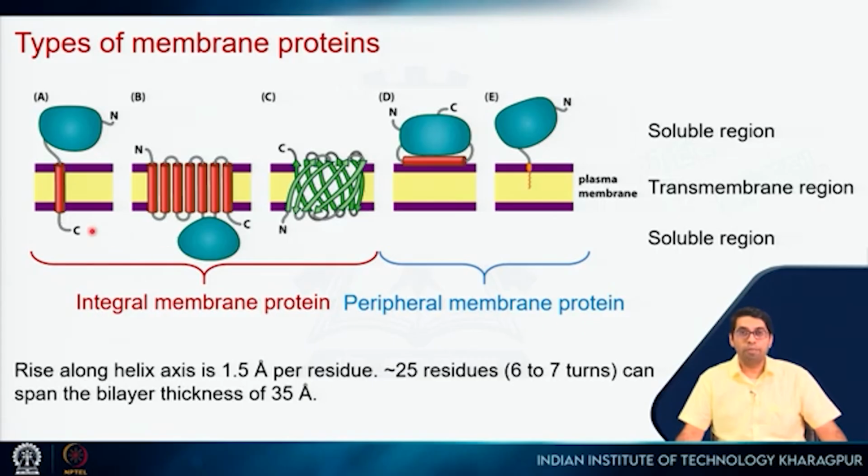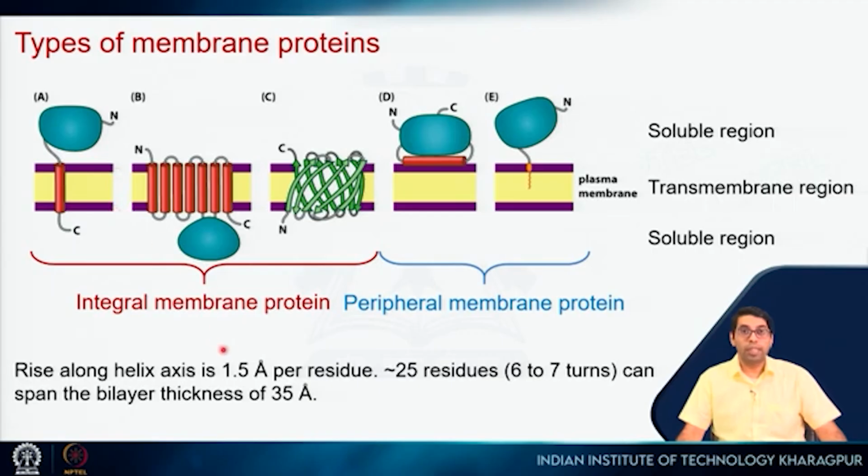Now, if I turn my attention to this helix, you will see that it is a single helix. Normally for soluble proteins, we do not see such an isolated helix, but such an isolated helix embedded in a membrane is quite stable. We have already seen that the rise along the helical axis is 1.5 angstrom per residue, right? And we have just seen that this distance is around 35 angstrom.